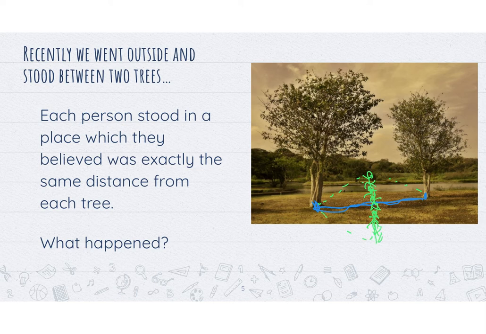And we did that here, and you can see these line segments, or this distance from let's call that A, tree A, and tree B, from A to the person, and the person to B should be the same size. So what happened when we did that is we ended up creating a perpendicular bisector with people.